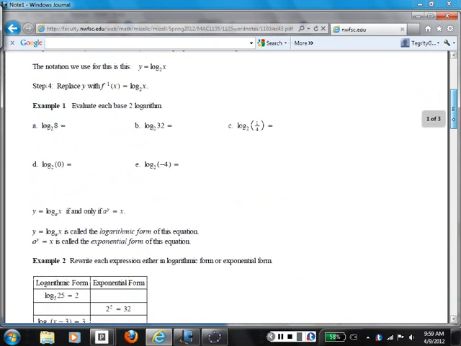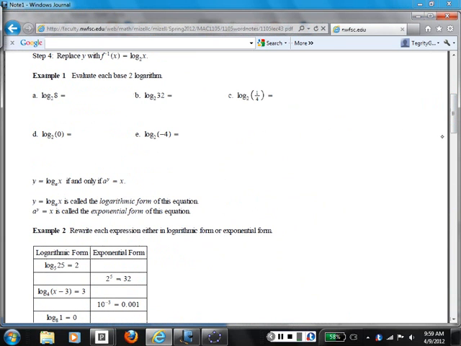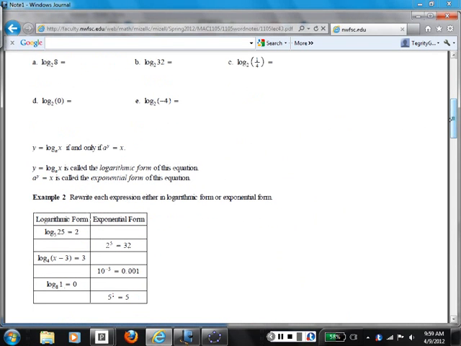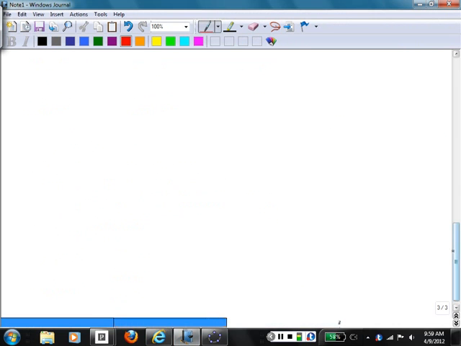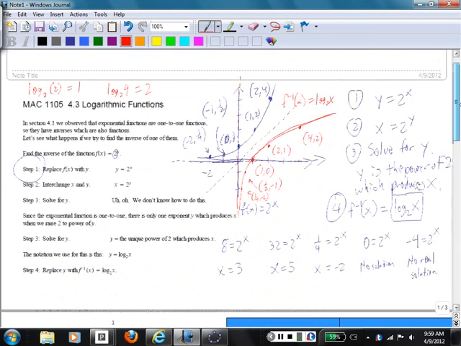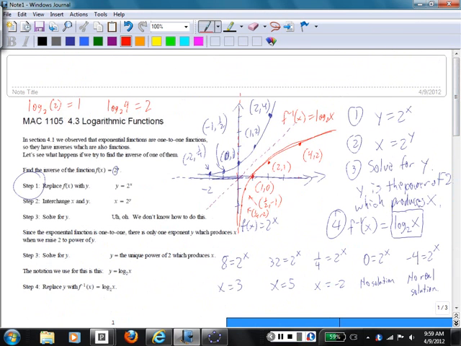So for log base 2 of 32, for example, your ordered pair on that is x equals 32 and y equals 5. Let's see. I guess it doesn't show up on this particular graph, but on the graph of the exponential function it would be way up here somewhere.